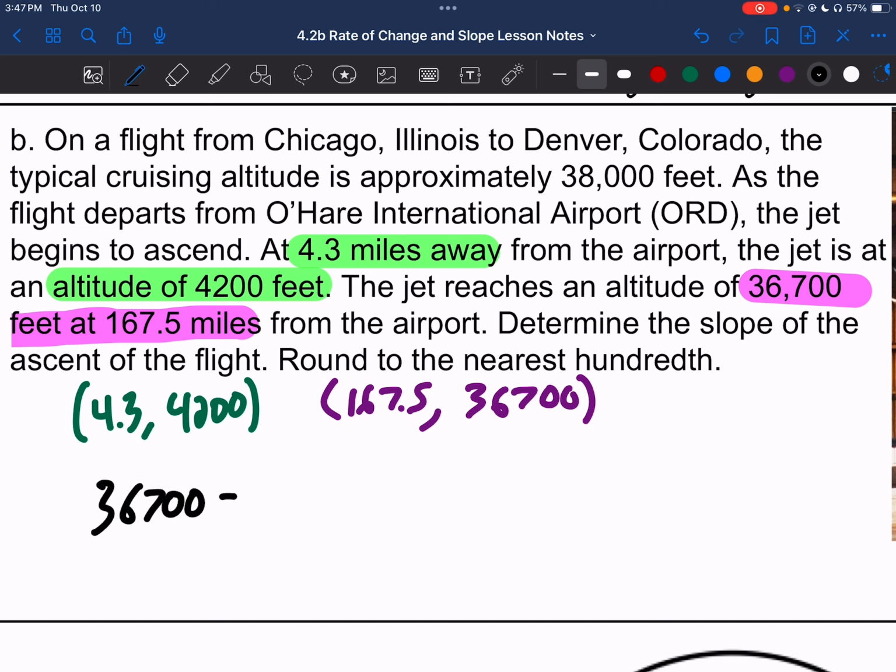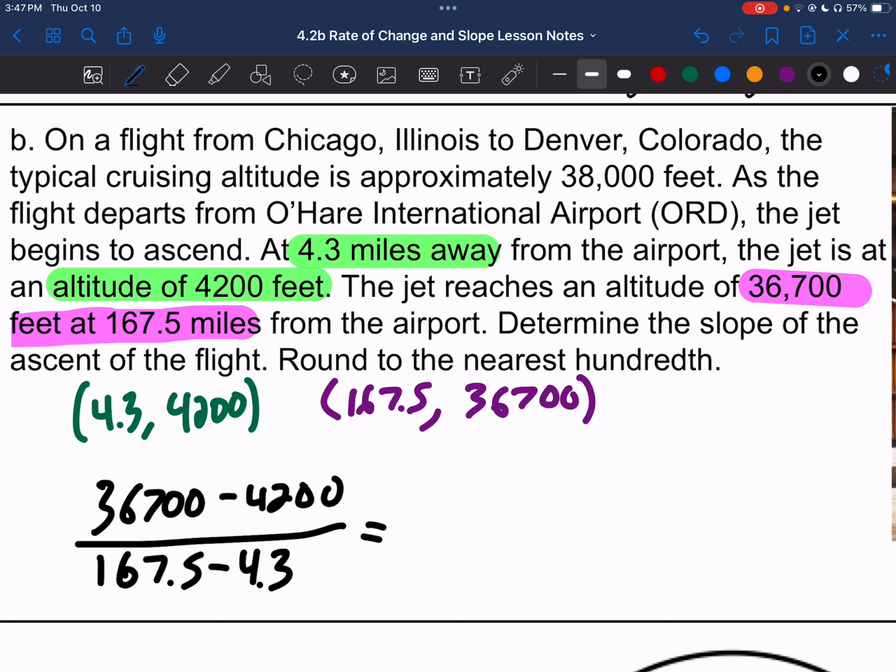36,700 minus 4,200 over 167.5 minus 4.3. And when I do that subtraction, I get 32,500 over 163.2.